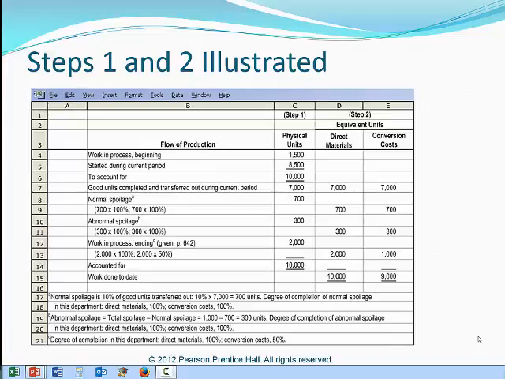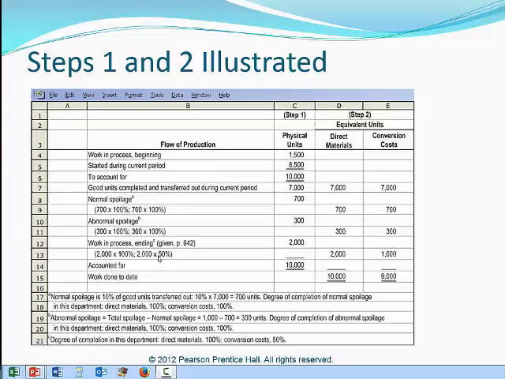conversion cost. We were told that we had a remaining 2,000 units in work in process ending. So I'm going to recommend to you guys that you go ahead and plug that number in, because it's going to help us in our calculations in filling out what we would call normal spoilage and what we're going to call abnormal spoilage.